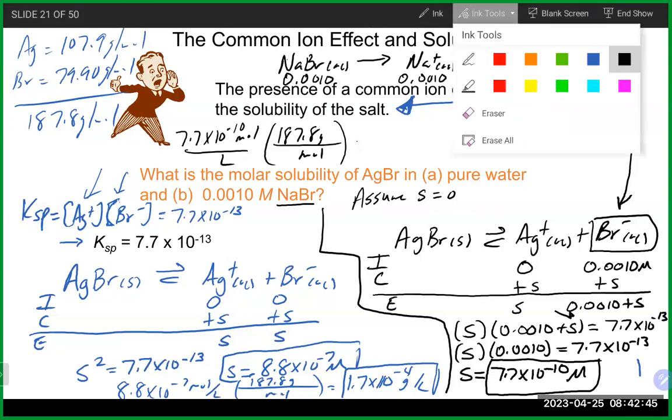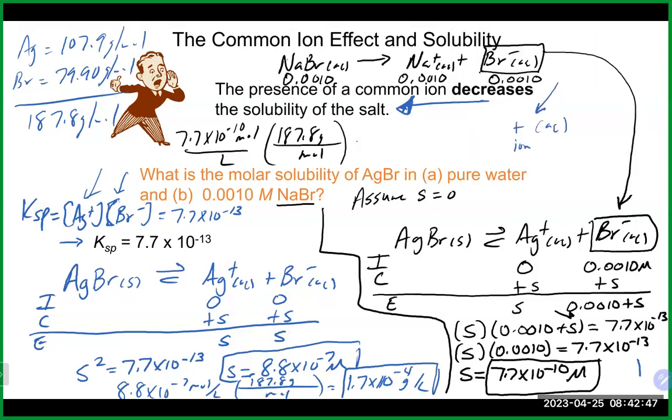Times 187.8. That gives us something like 1.5 times 10 to the minus 7 grams per liter, if I am not mistaken, in that case.